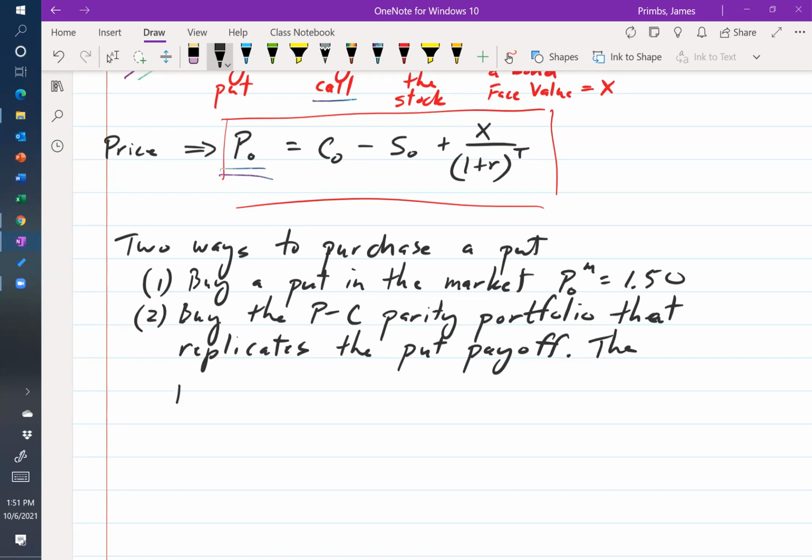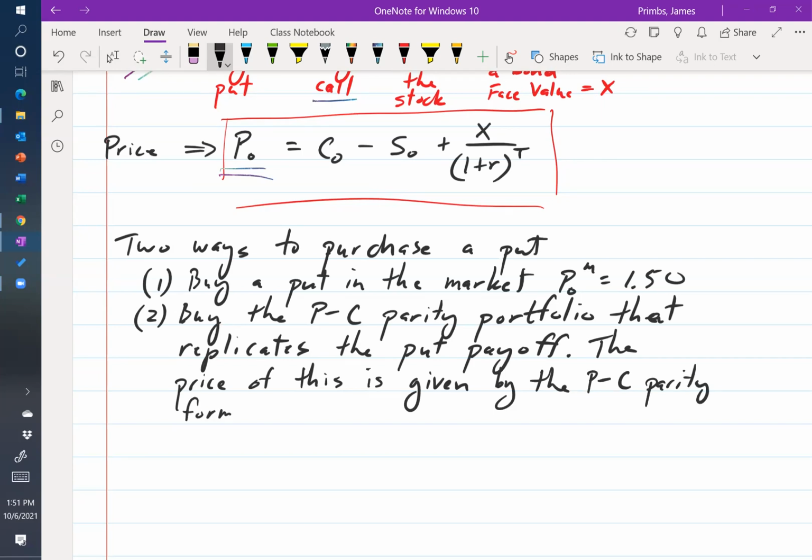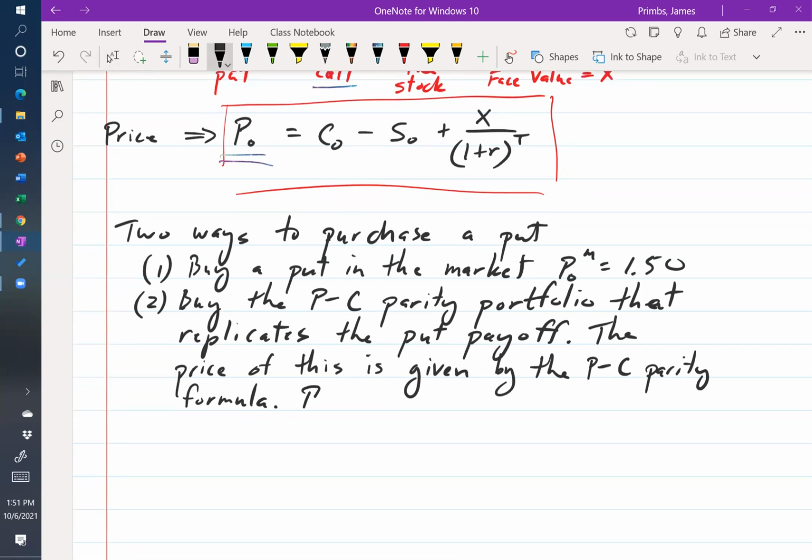The price of this is given by the put call parity formula. What was that? That's what we calculated in that first example. That was $2.02.